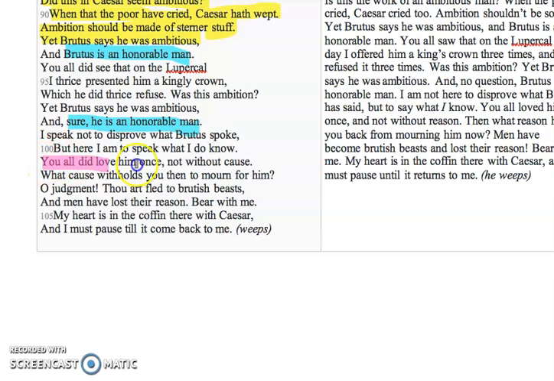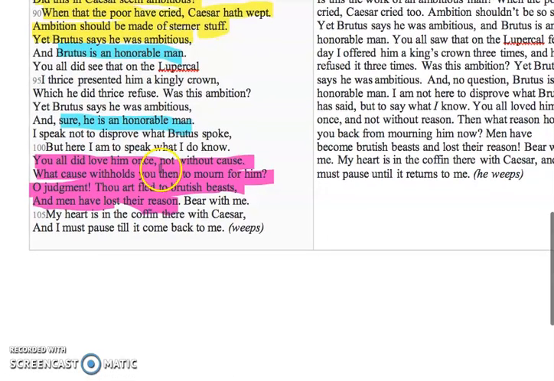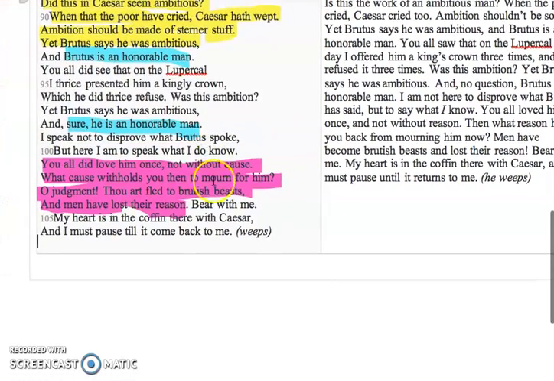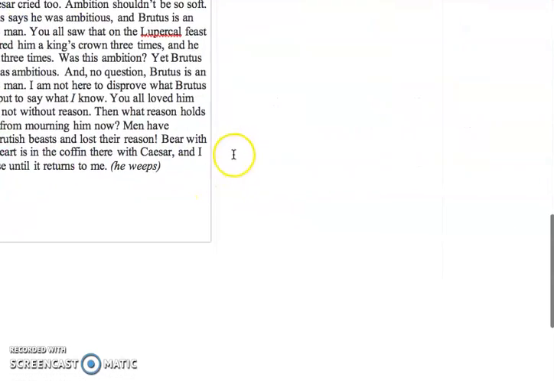"You all did love him once, not without cause. What cause withholds you then to mourn for him? O judgment, thou art fled to brutish beasts, and men have lost their reason." So he says essentially right here, all of you plebs, you used to love Caesar, and yet now you are withholding that love, withholding that mourning, just like beasts would.